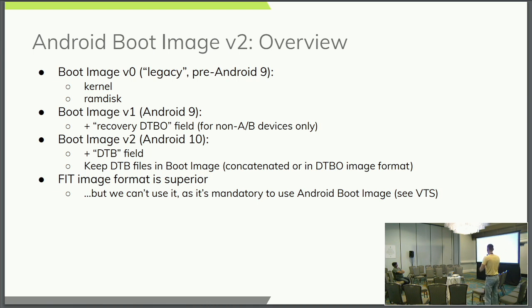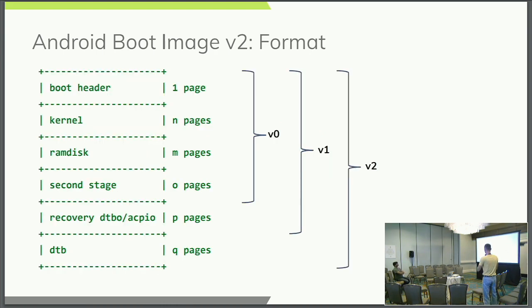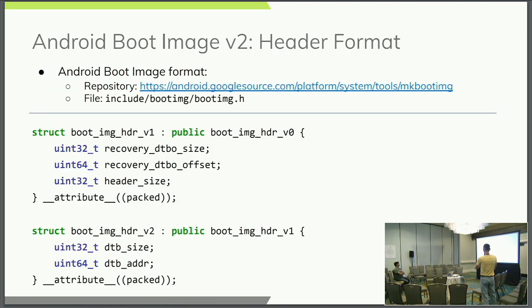And also I would like to note that, from my point of view, it would be better to use the FIT image from U-boot. But anyway, this is how the binary looks for version 0, version 1, version 2. We see that it's a backward compatible implementation. And you should port this file to your bootloader.